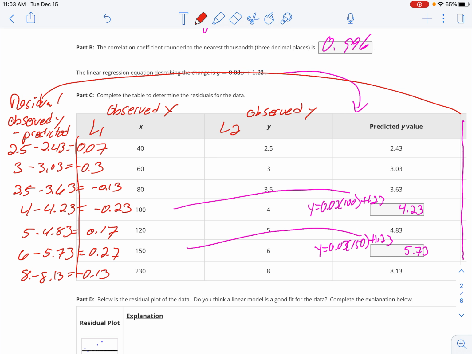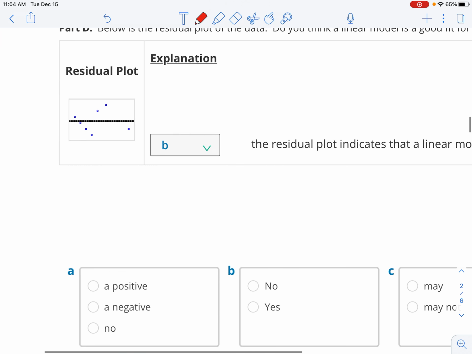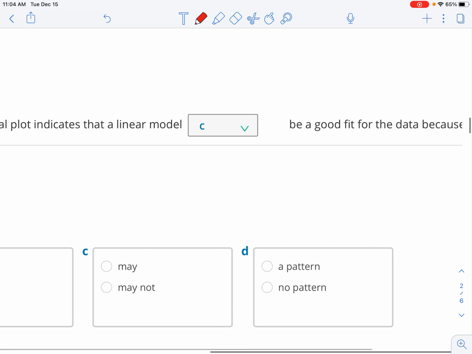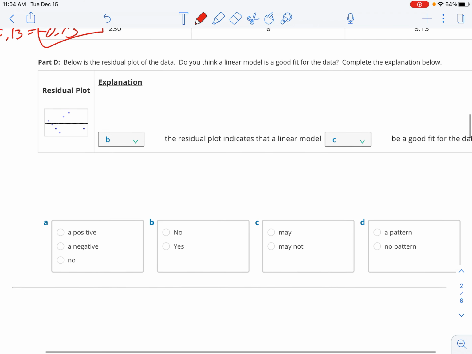Now this box is what you should fill out, over here on this side, which we call the residual value. On the residual plot, I will always give you the plotted residuals, which is right there. Now you need to fill out the boxes, which they're not showing, but that's no big deal. What we're doing here is looking to see if there is some type of pattern occurring. I don't really see much of a pattern. I've got some up and down, so I'm going to say no pattern. What does that mean?